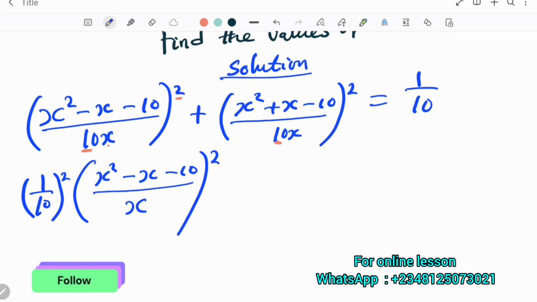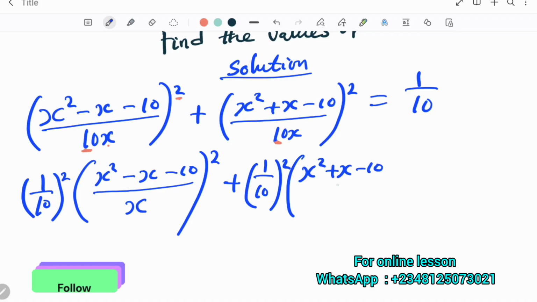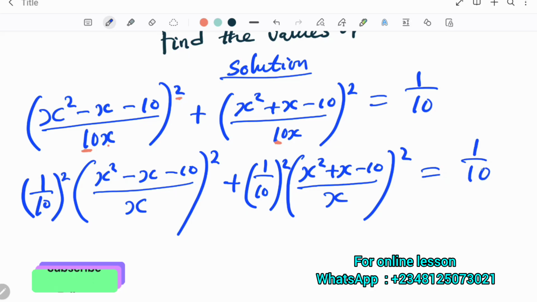The same thing we do to the other term: plus (1/10)² times ((x² + x − 10)/x)², equal to 1/10.